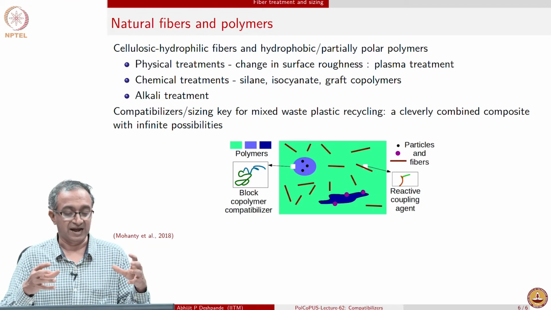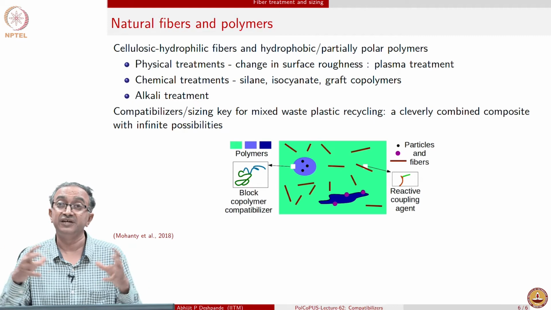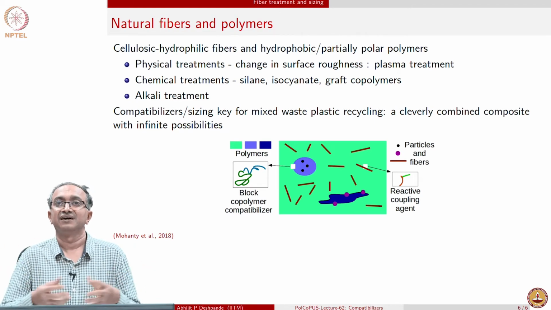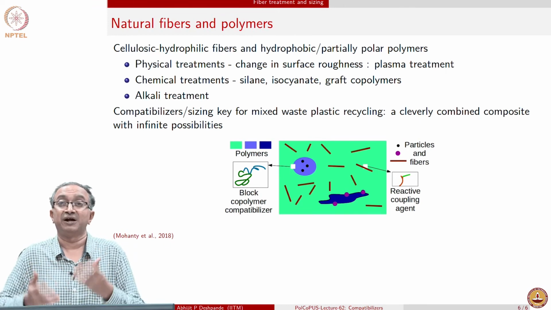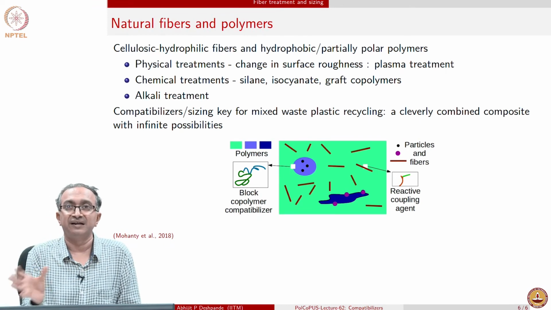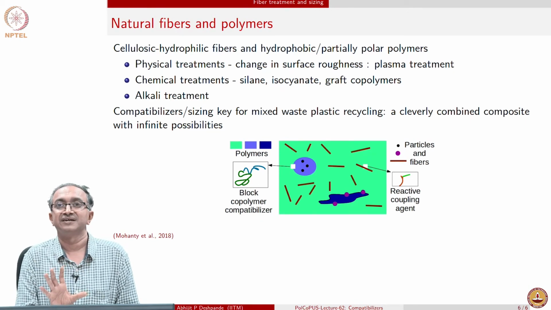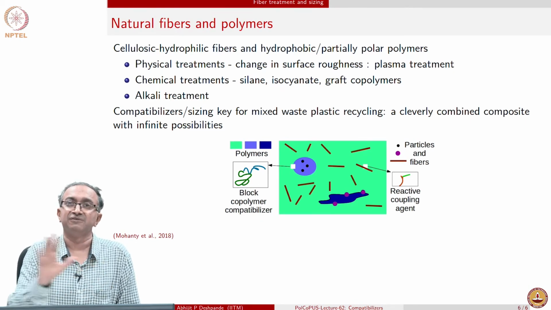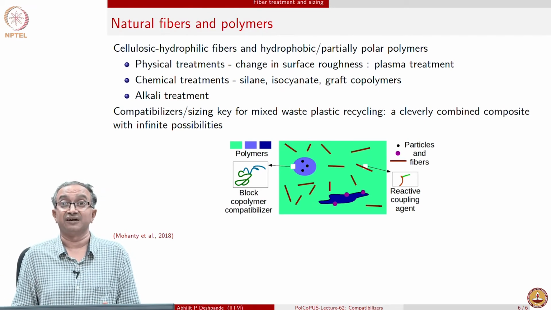And so, by adding suitable compatibilizers, by adding suitable reinforcement, can we devise a composite system, and can this be done on a demand basis? Can we start tailoring the amounts of each of these, start tailoring the compatibilizers, and then, for any given plastic waste, devise a very good material which is recycled material?